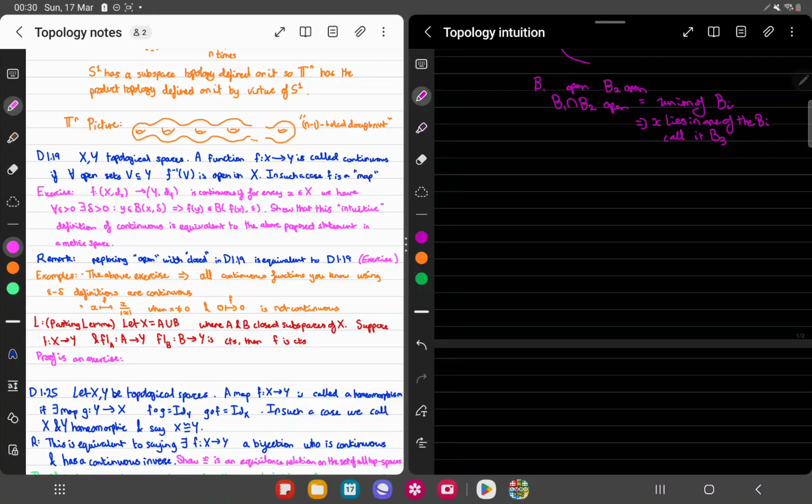So if you have an epsilon ball in Y, then by the definition of continuity, you can find some little delta ball around x, so this is a subset of Y, and then this is a subset of X. The notation here is getting a bit ugly, right?